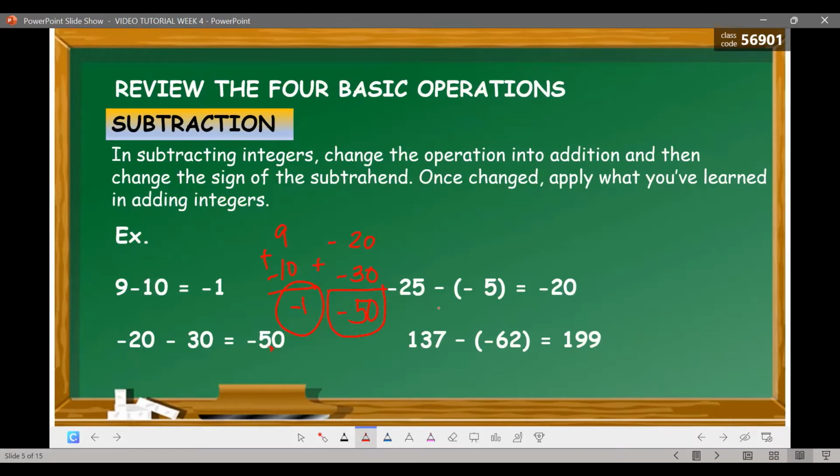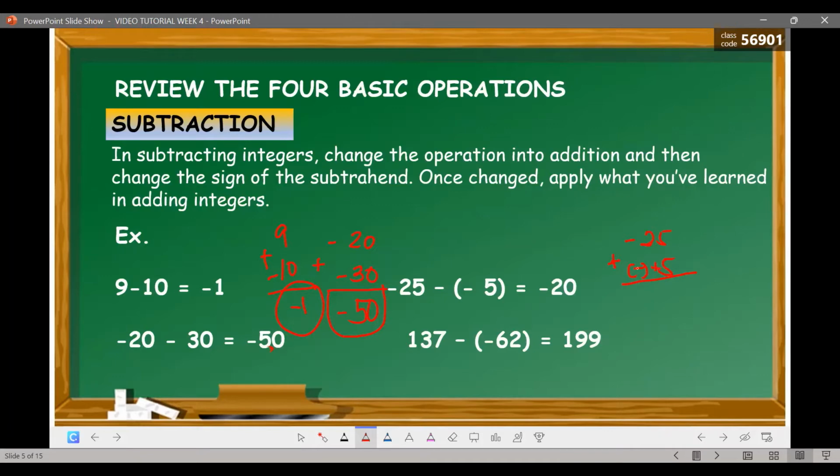Then negative 25 minus negative 5. First change the operation from subtraction to addition. Then change the negative sign to positive.